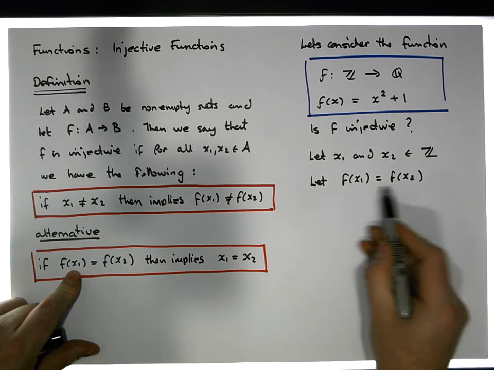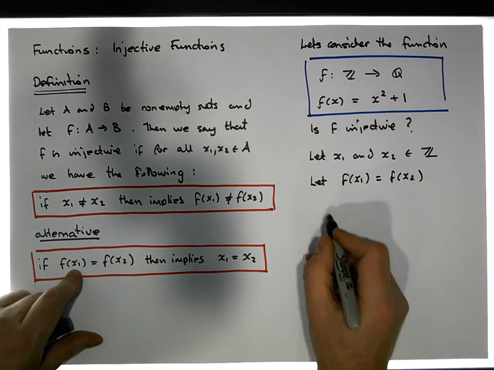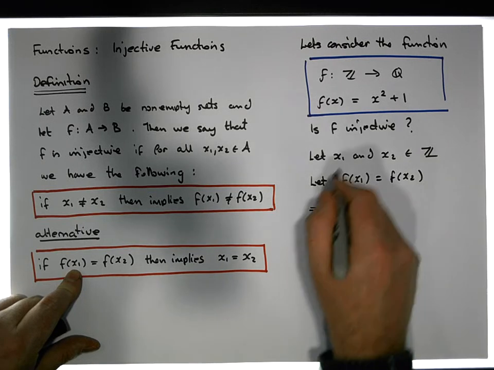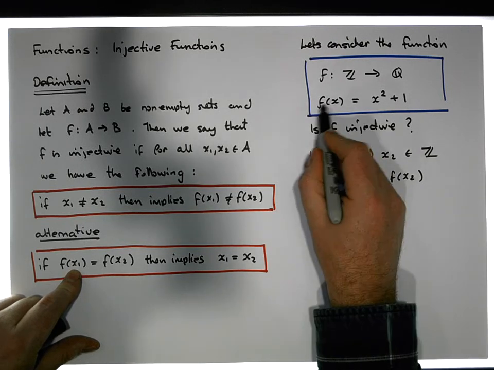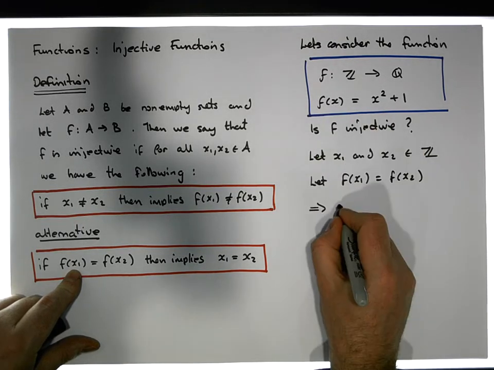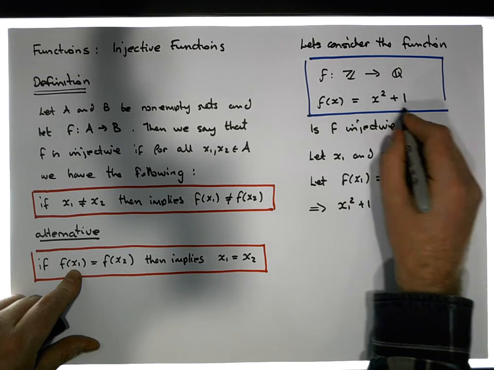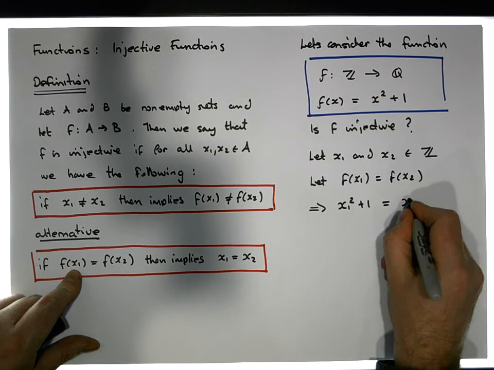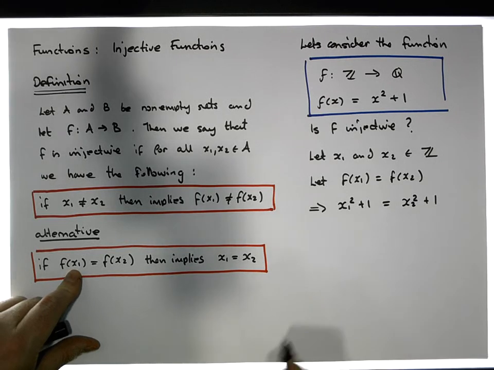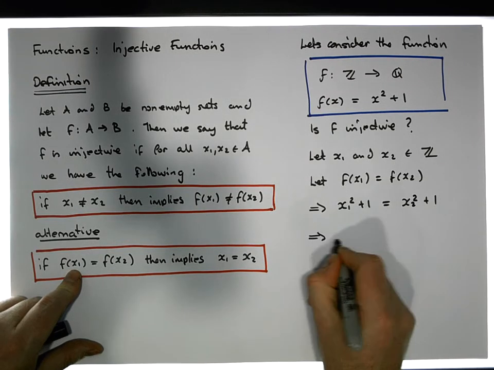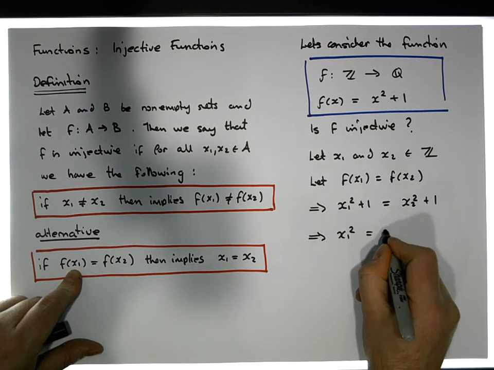Well, what are the consequences of this? What does this imply? Well, f of x1 will be x1 squared plus 1, which must be equal to f of x2, which is x2 squared plus 1. Well, what does this imply? This implies that x1 squared must be equal to x2 squared.